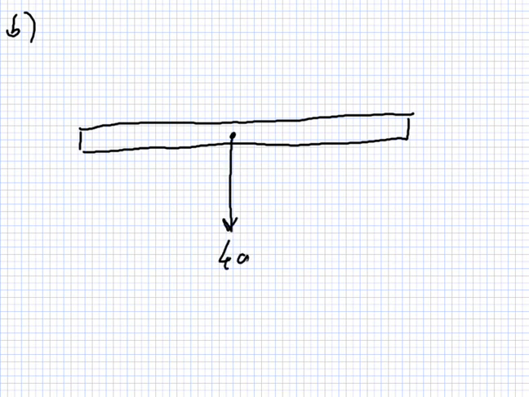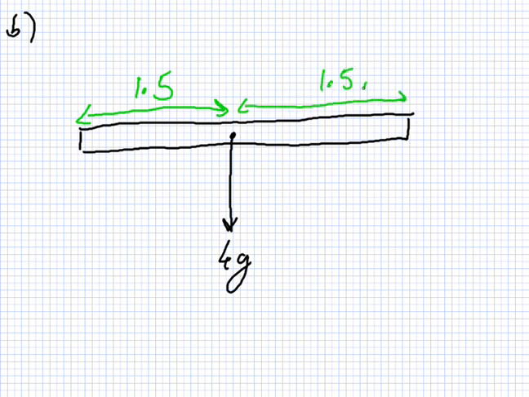So there's a 4G here, and then this distance is 1.5, and then this distance here is 1.5 meters, of course. There are 2 supports, C and D, and it's 1 meter. Yeah, so let's see, let me just draw that in.